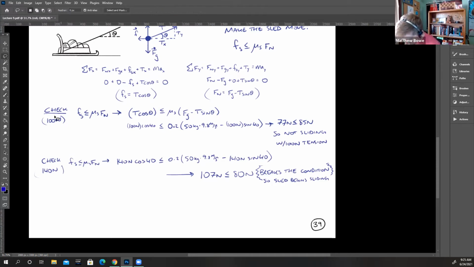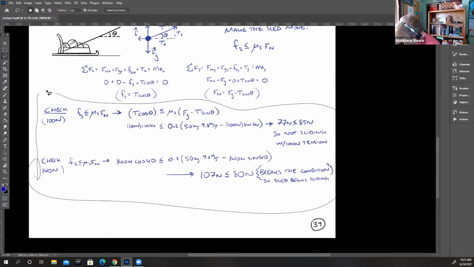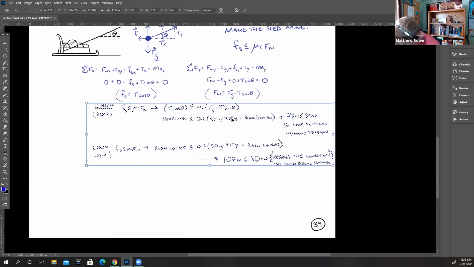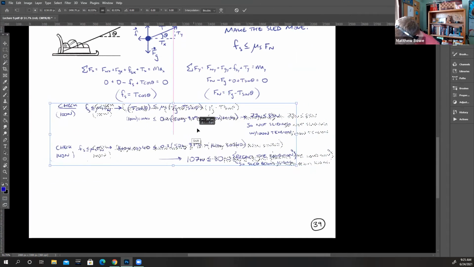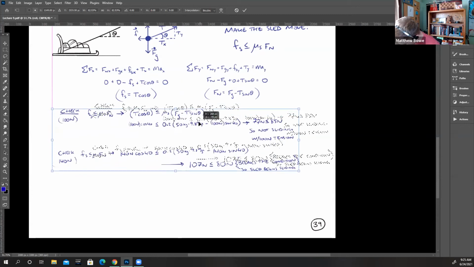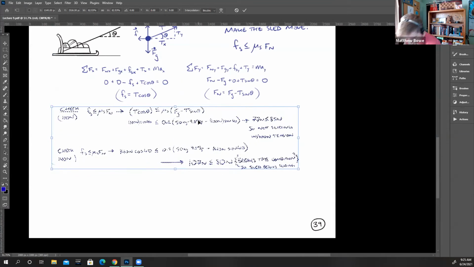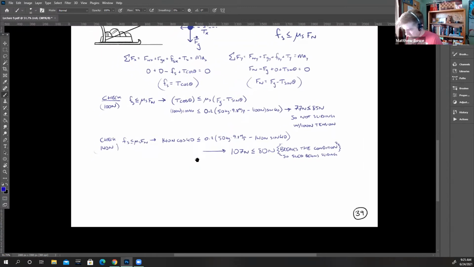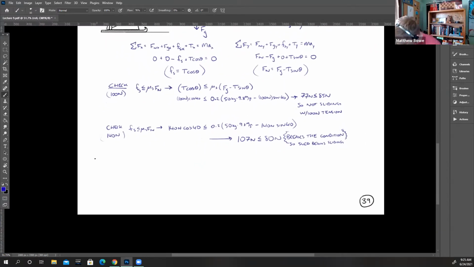So let me shrink this top part a bit. Okay. So we have this force of kinetic friction.